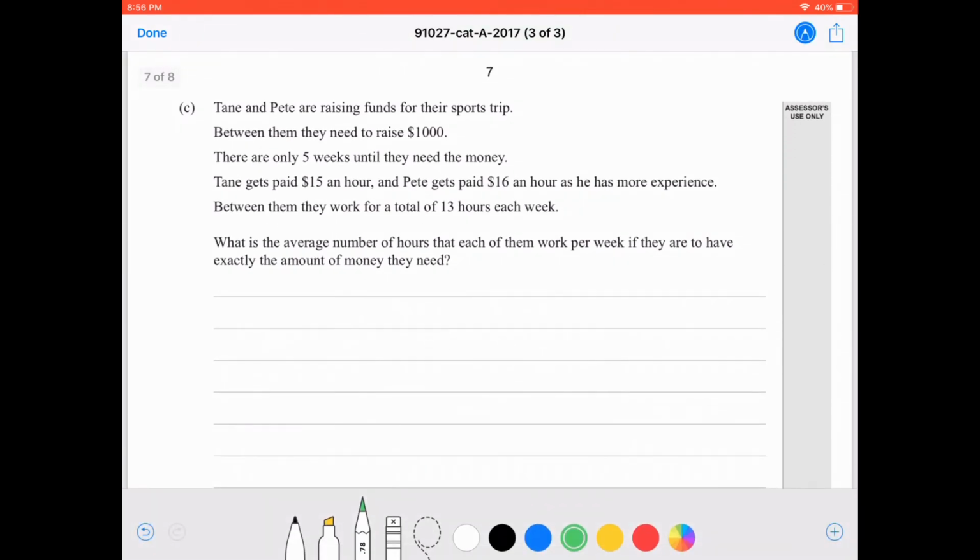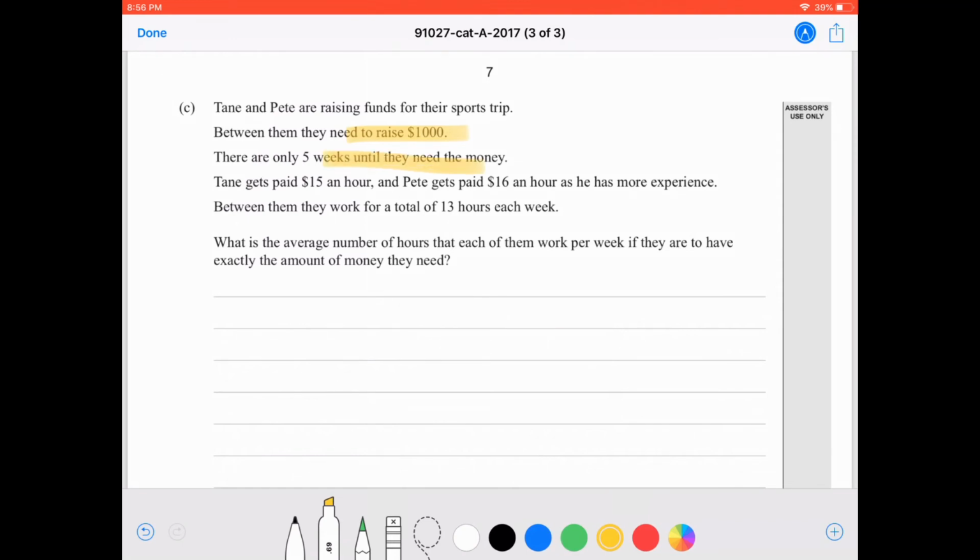Question 3C now. Now, how do you pronounce that? Tane. Let's say Tane. Tane and Pete are raising funds for their sports trip. Between them, they need to raise $1,000. There are only 5 weeks until they need the money.